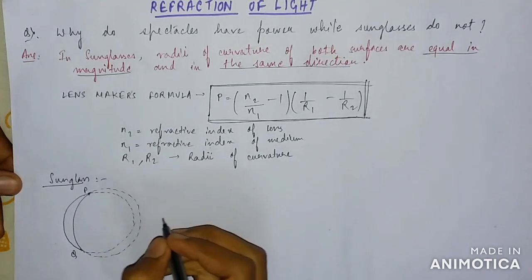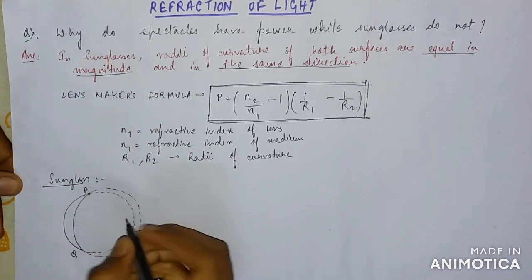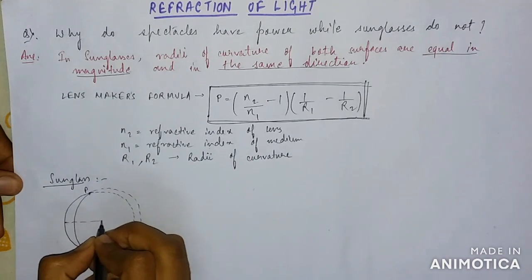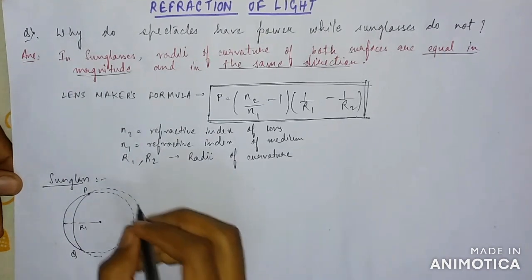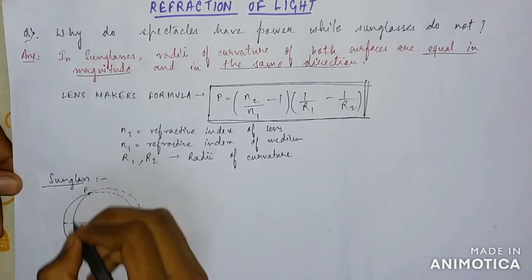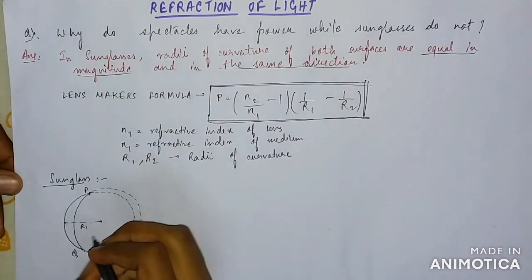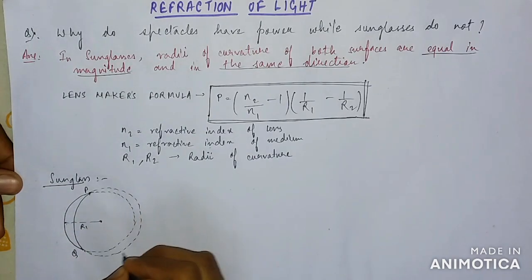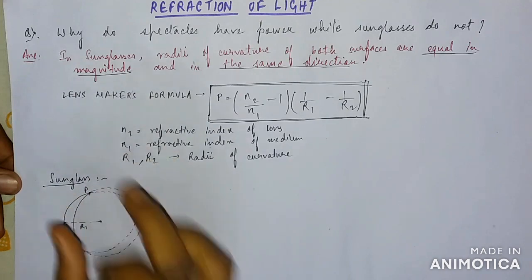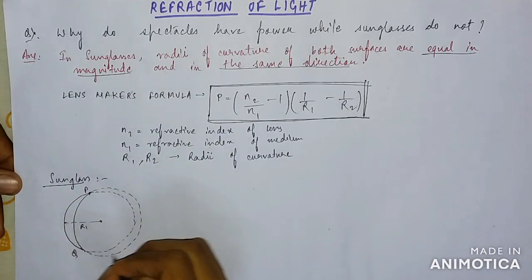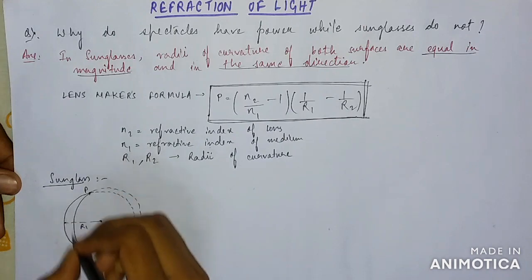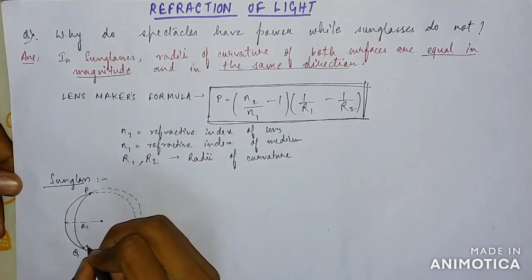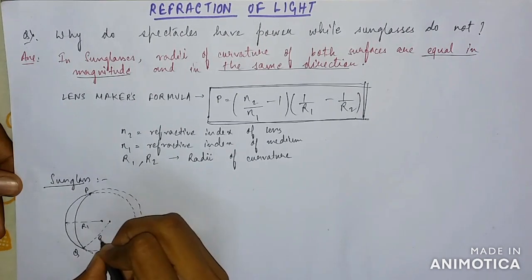Now I told that this is the first surface, so this is the sphere from which this part of the lens has been cut, so its radius we can term as r1, and this part of the lens, that is the second surface of the lens, it has a radius of r2 and it is cut from the larger sphere, not larger actually, both the spheres are equal in radius. So this is the second sphere that we can see, the second surface of the lens is cut from that. Okay, you can visualize, I hope. This is a radius of r2.